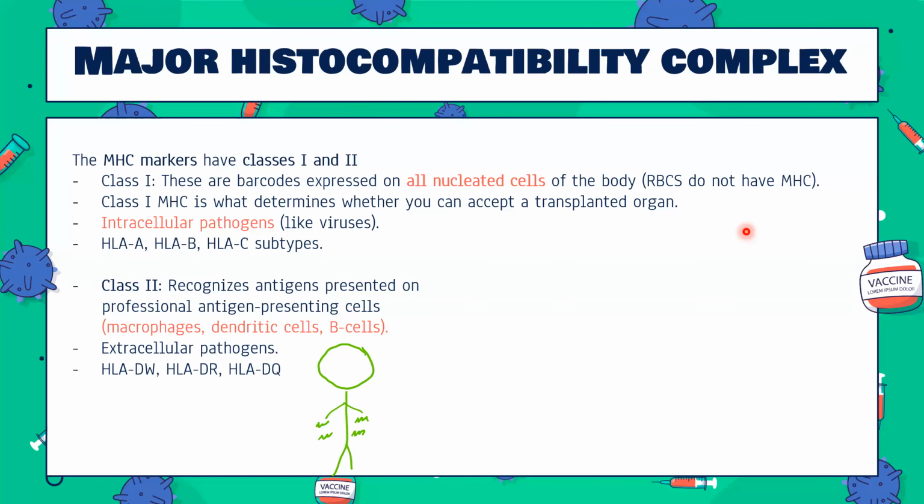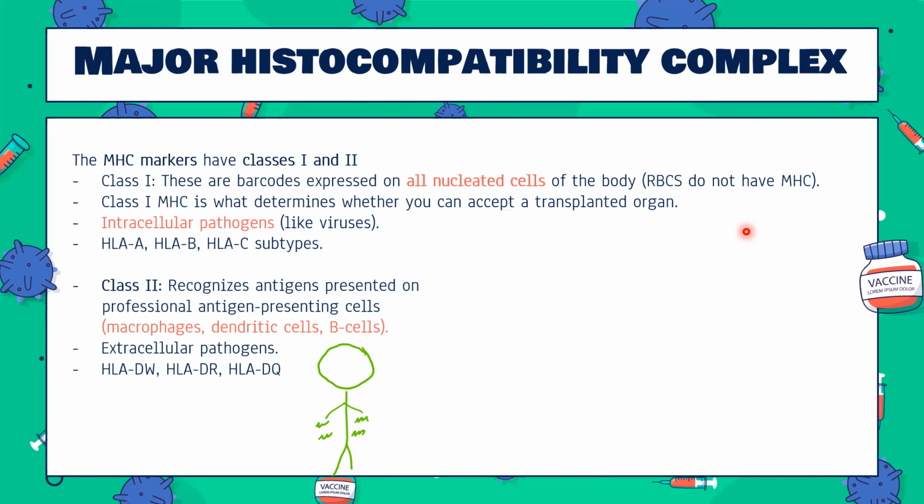So MHC class 1 are basically the barcodes that you guys have on every nucleated cell in the body. So RBCs are not going to have MHC because they are non-nucleated cells. And this class of MHC is basically what determines whether you can accept a transplanted organ or not. And why is that?